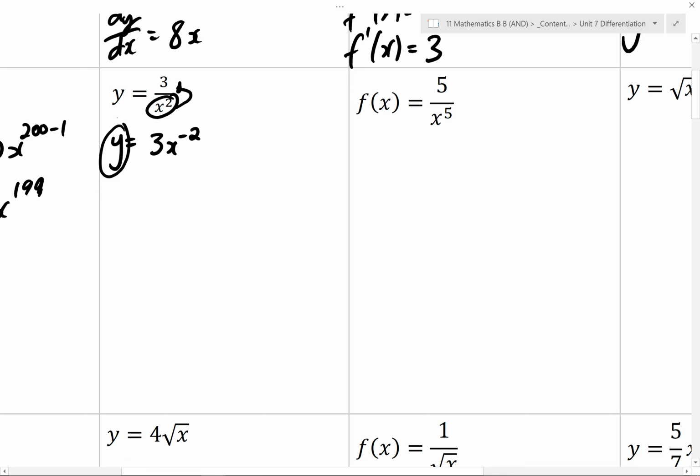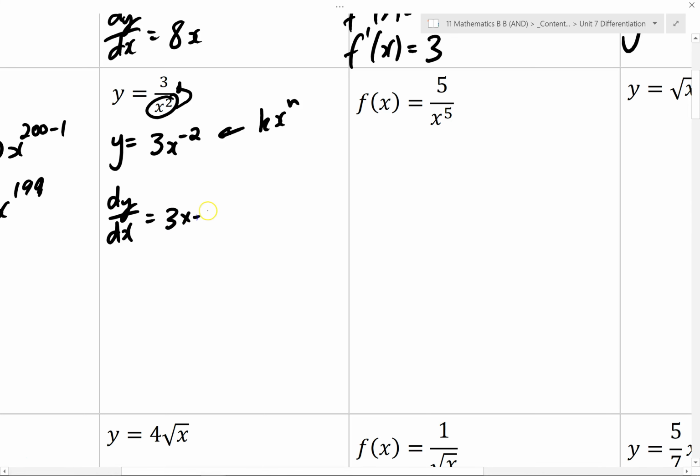I haven't changed this to y dash or dy dx because I haven't yet differentiated. And now that I have this in the form kx to the power n, now I can differentiate. Okay, and when I actually differentiate, I'll then change it to either dy dx or y dash. Okay, and I'll just apply my differentiation rule exactly the same as I ordinarily would.